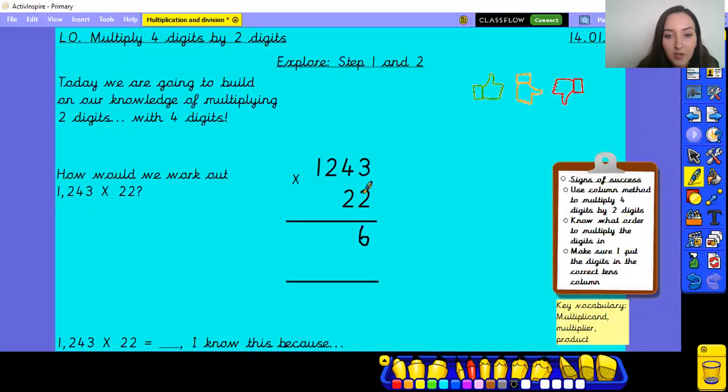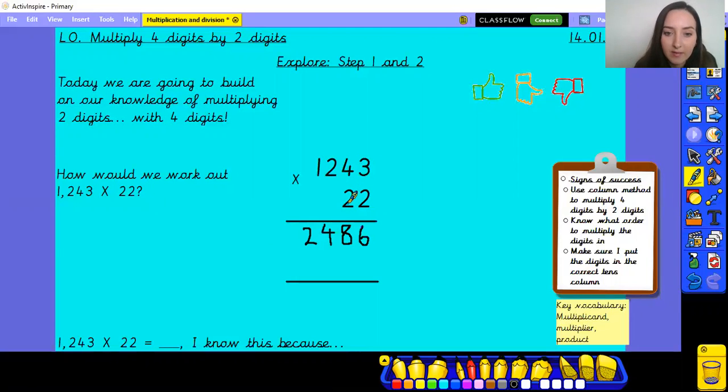Next I'm going to multiply 2 by 4, which is 8, and the 8 goes here in the tens column. Now I'm going to multiply 2 by 2, which is 4, and 2 by 1, which is 2. So here we have 2,486.